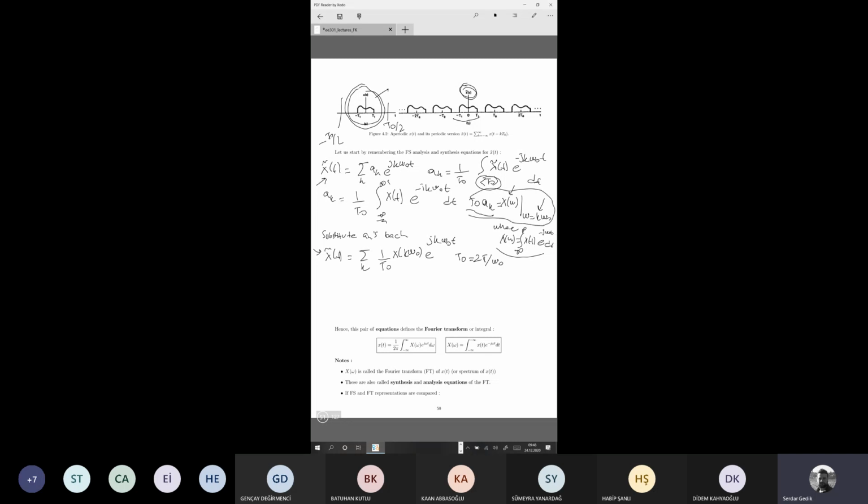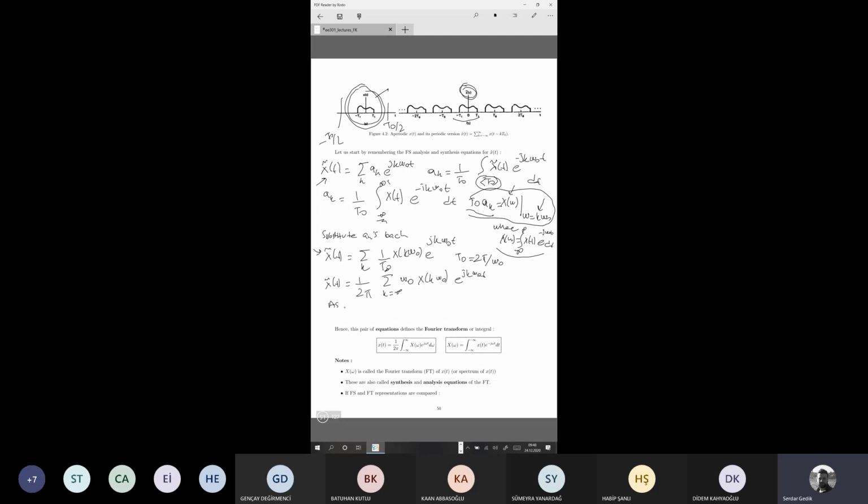Continuing, x tilde of t is equal to 1 over 2 pi, summation k from minus infinity to plus infinity, omega 0 X of k omega 0 e to the power j k omega 0 t.